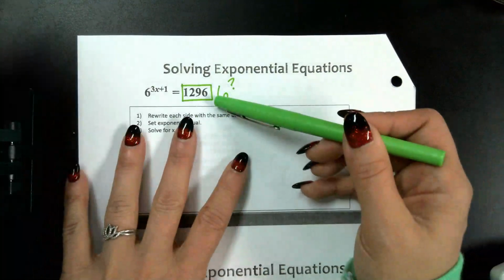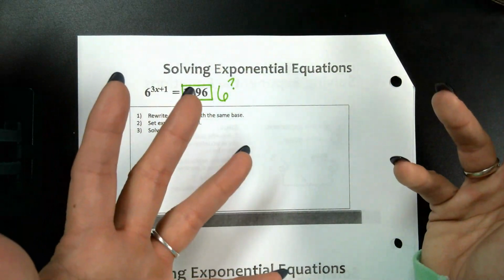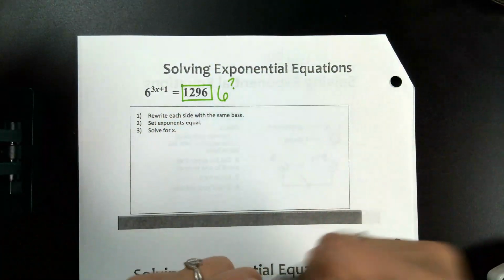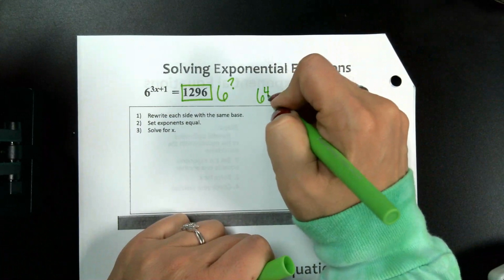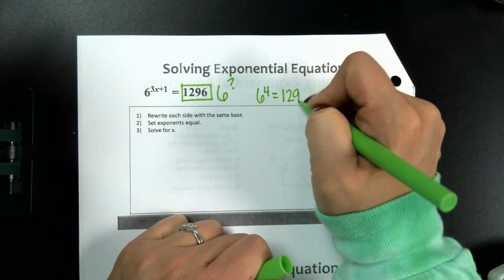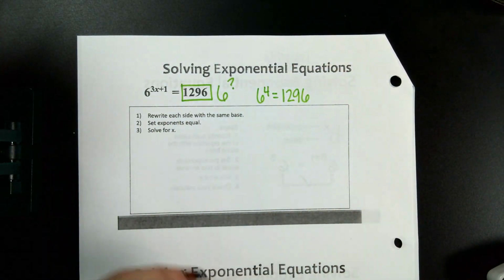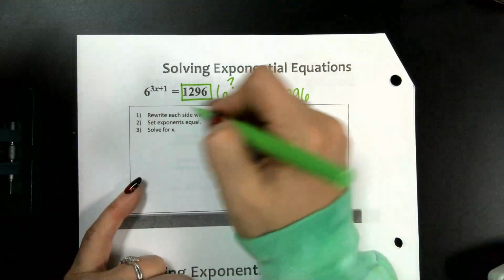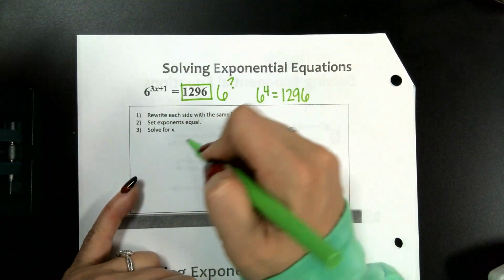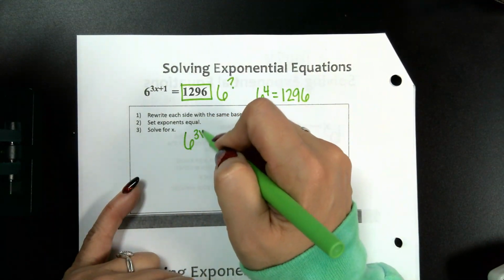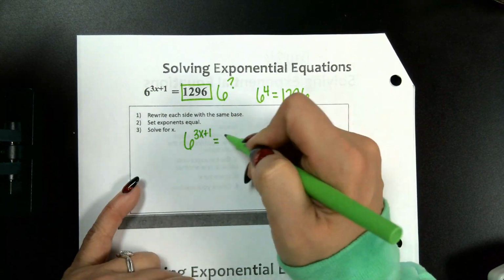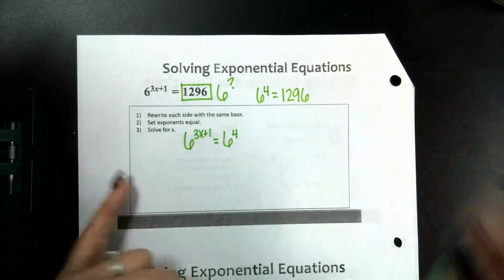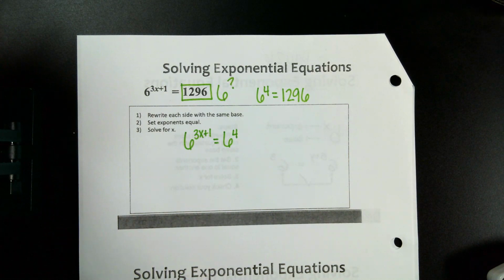So I tried 6 to the third, it was only 216, but as soon as I changed it to 6 to the fourth, it gave me 1296. So we have just found what we're going to rewrite this side as. You want to leave the left side alone, just bring that down, and on the right side, instead of writing 1296, we're replacing it with 6 to the fourth.